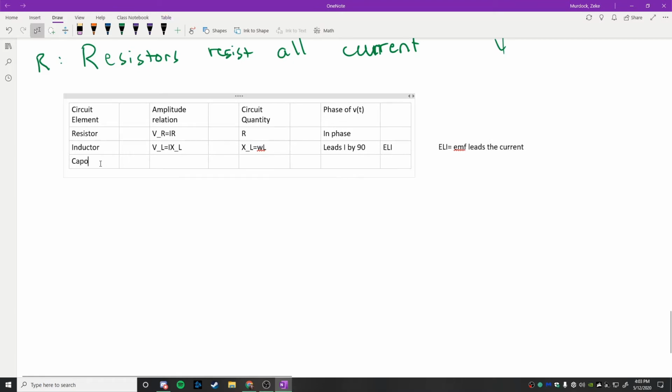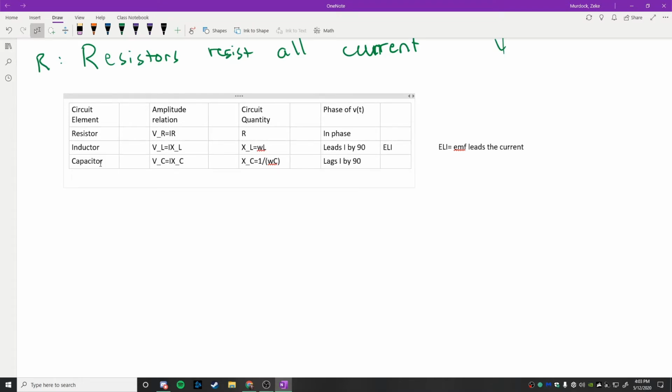For the capacitor, we have V sub C is equal to I times X sub C, where X sub C is equal to 1 divided by omega times C. And this one lags the current by 90 degrees.